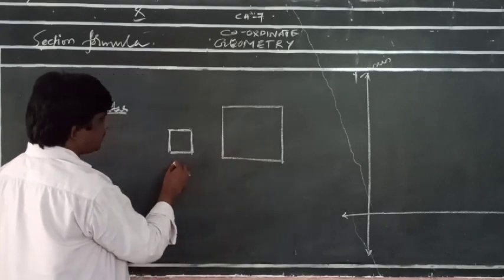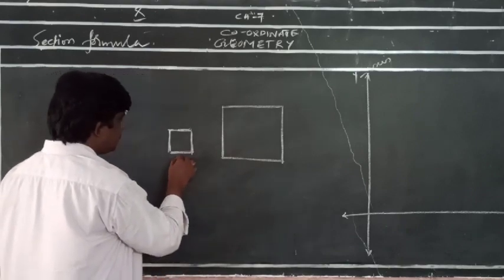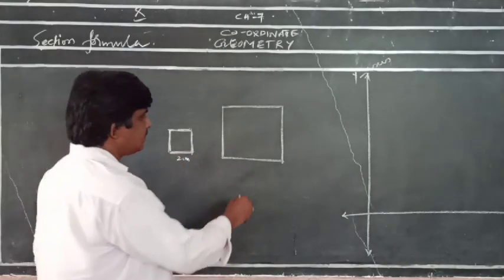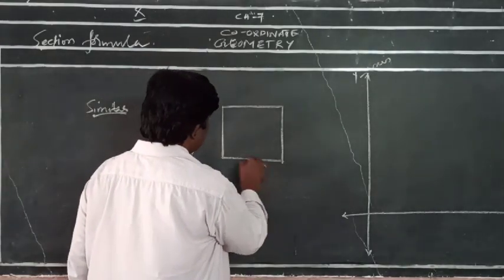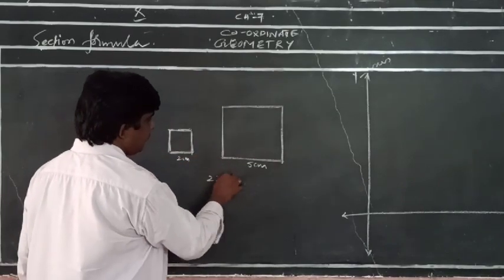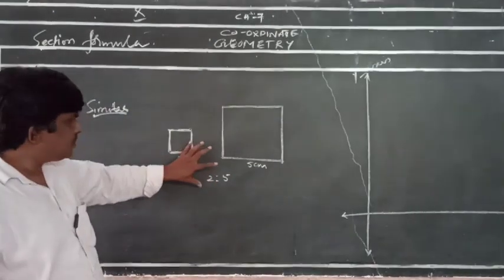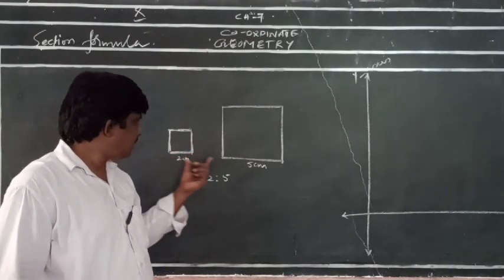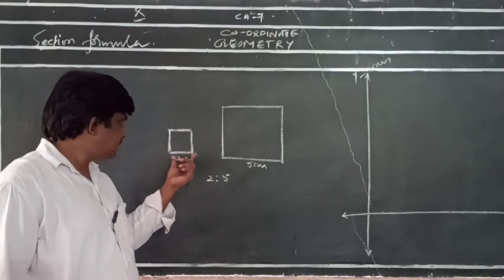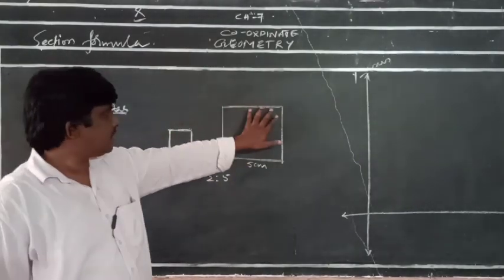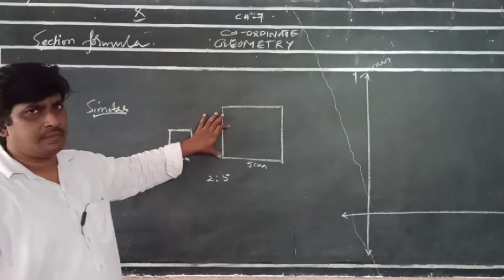What is the meaning of proportion? Suppose this is 2 centimeters distance, and this is 5 centimeters distance. So there exists a ratio. What ratio? 2:5 ratio. Whatever this measure is, corresponding measures: this side and this side are corresponding, and these two sides are corresponding.